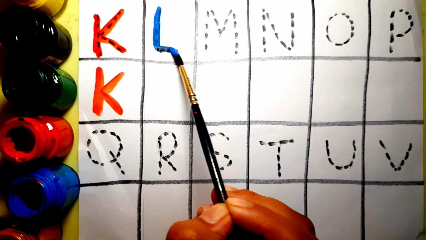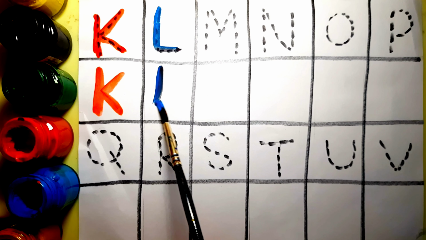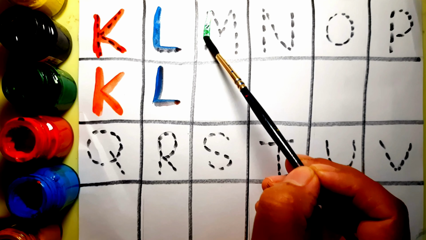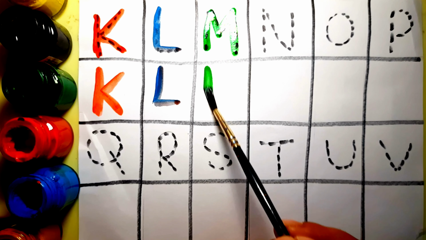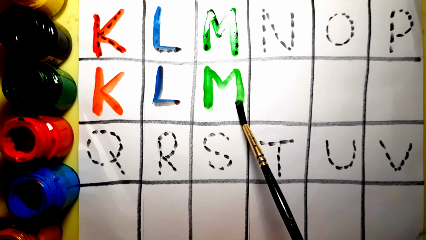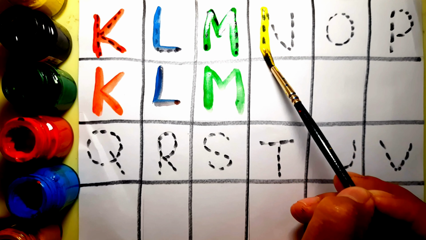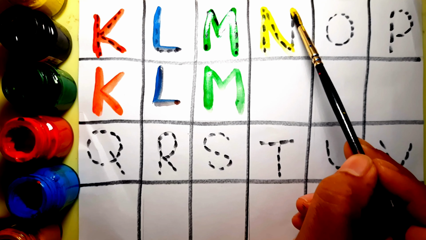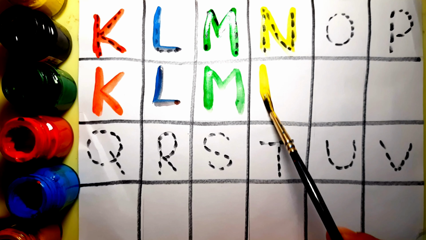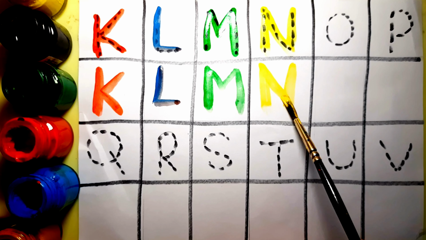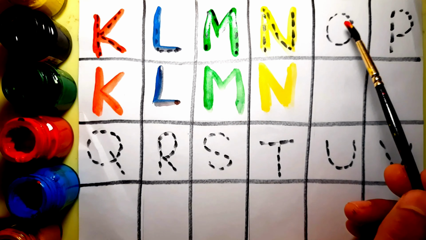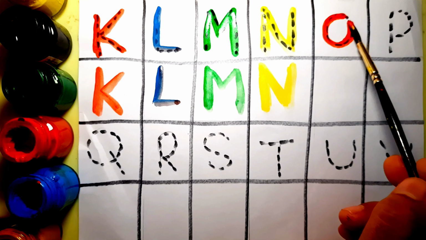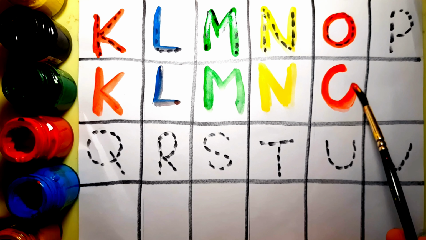L for leaf. M for mouse. N for nose. O for owl.